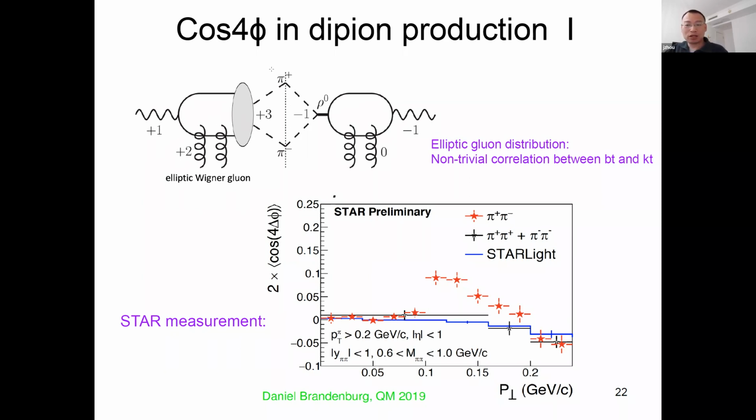So in this plot, on the left side, dipions are directly produced by exchanging two gluons with the target. If these two exchanged gluons could effectively carry 2 units of angular momentum, then they can yield the cosine 4 phi azimuthal asymmetry in the dipion system.